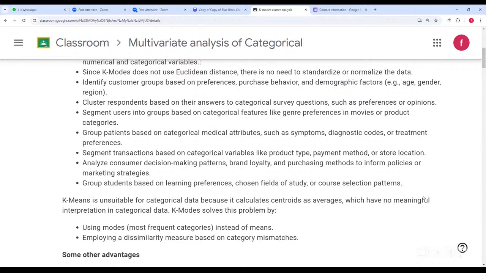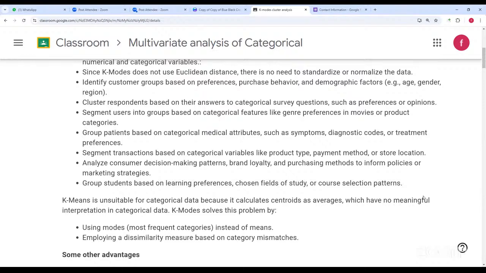Analyze consumer decision making patterns, brand loyalty, and purchasing methods to inform policies or marketing strategies. Group students based on learning preferences, chosen fields of study, or course selection patterns.